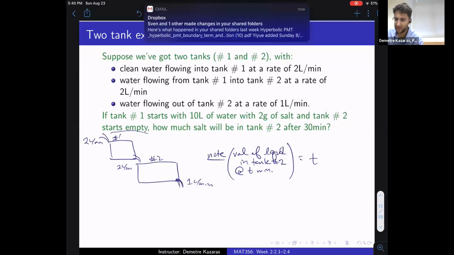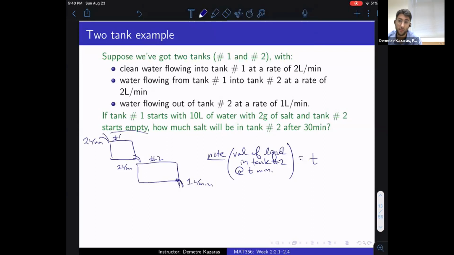So let's first give some names to things and try to make sense of the situation. There are 2 tanks we're interested in here, so we'll have to give names to 2 different functions.